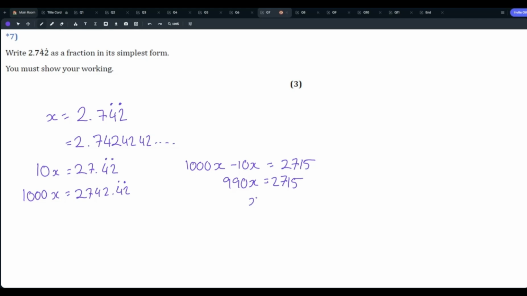And then what we could do here is divide through by 990 to rearrange for x, and this will be our fraction, but we want it in its simplest form, so I'm just going to divide. And that is 181 over 66. Okay, just leave it like that, and that's done.